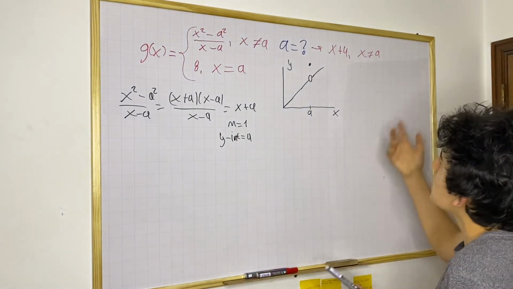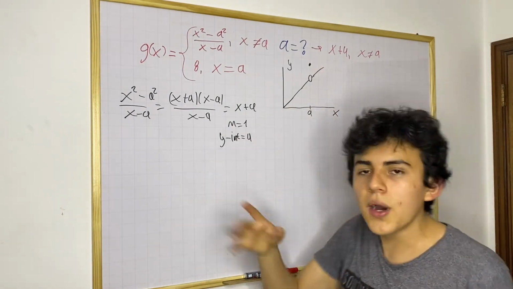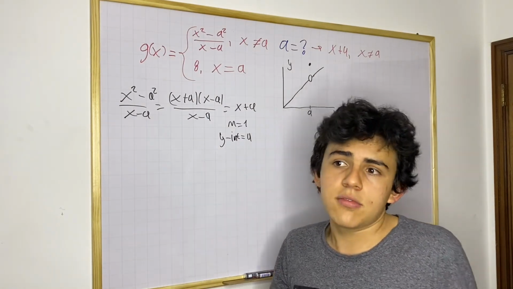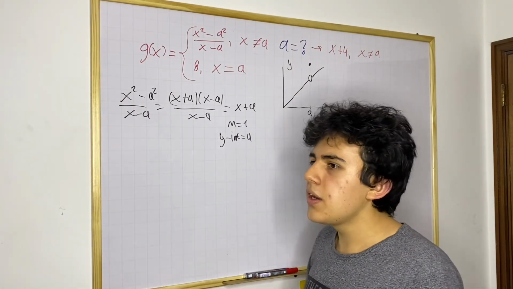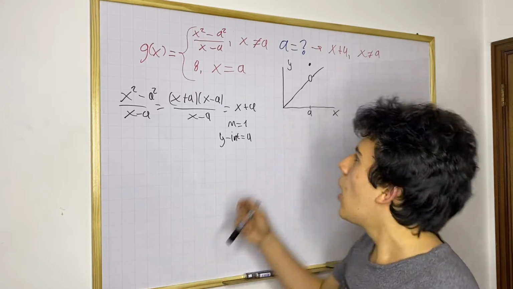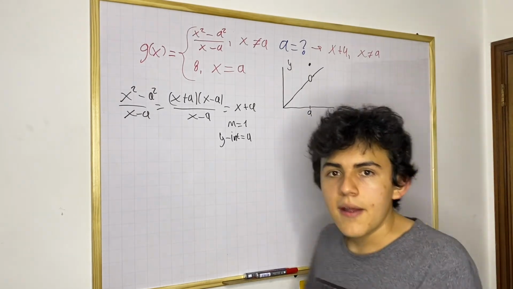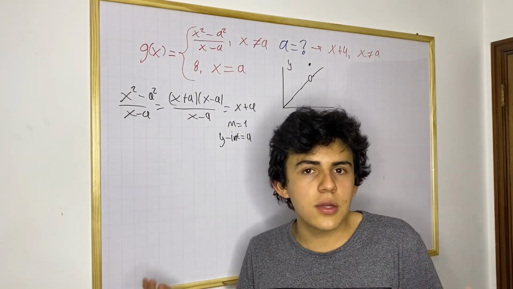So in this case, we know this point right here, which is the function y equals 8, is also a function. And we can find a way to connect y equals 8 with the linear function x plus a by just simply making those equations equal.